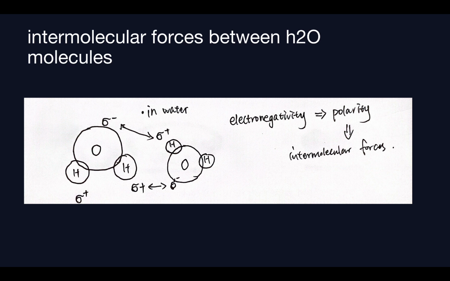The delta negative above the oxygen indicates that it shows negative because it's occupying, it gets electrons. And hydrogen was labeled as delta positive because it gives electrons. It's a donor, it's a donator.